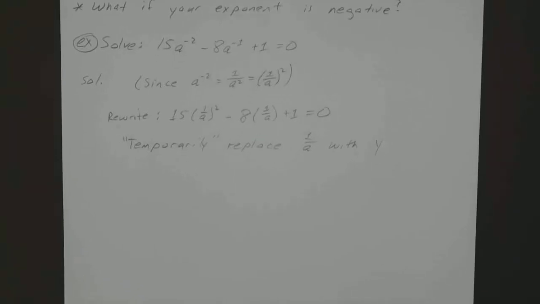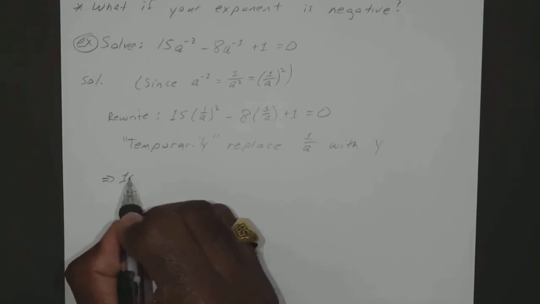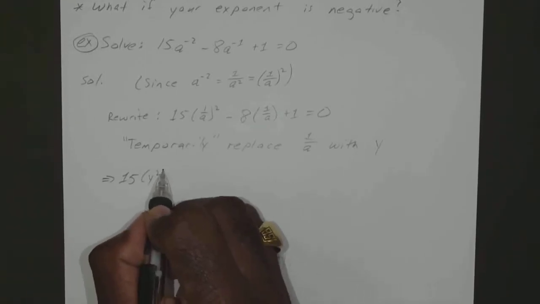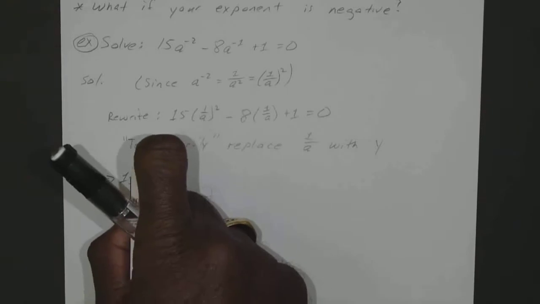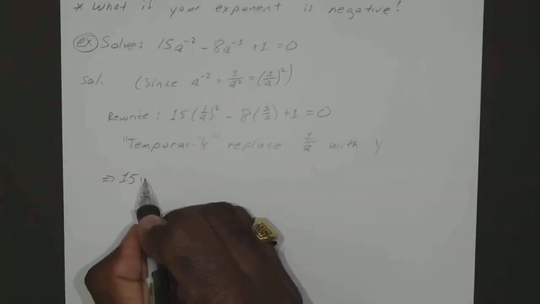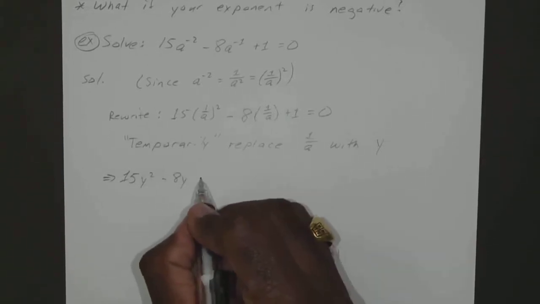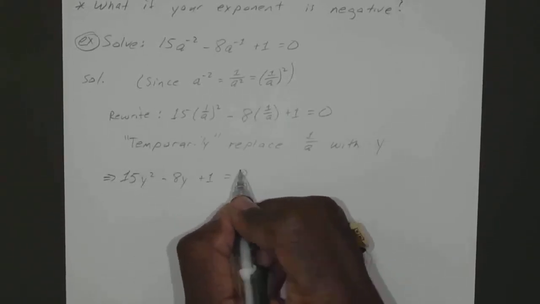So if we replace it with y, we end up with 15 times y squared minus 8 times y plus 1 equals 0.